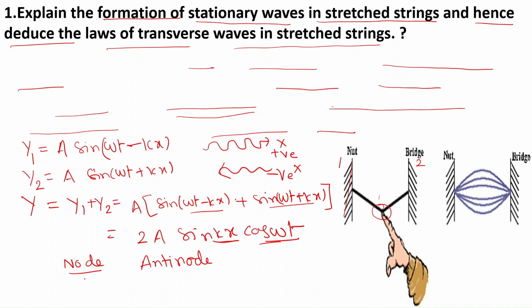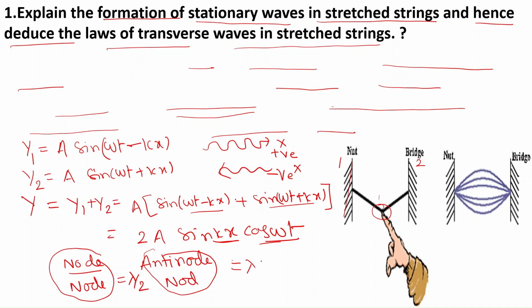Now the distance between node and node is lambda by 2, and the distance between antinode and node is lambda by 4.